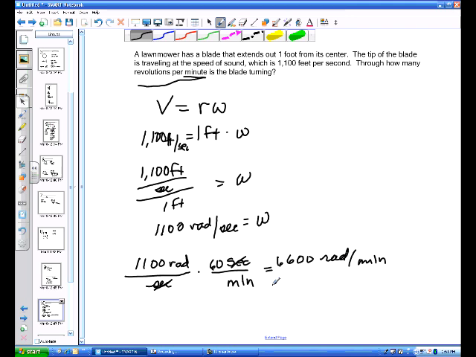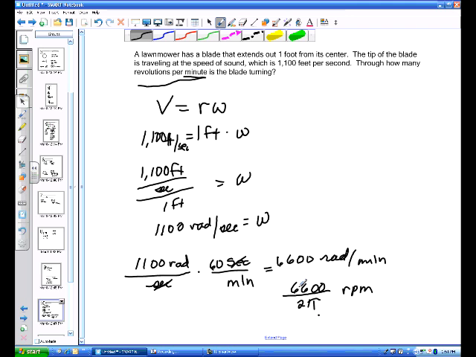But we need to get now how many revolutions. Well, we know that one revolution is 2 pi radians. So what we're going to do is take this 6,600 and divide it by 2 pi. So there goes our radians, and that will give us then revolutions per minute, RPMs.